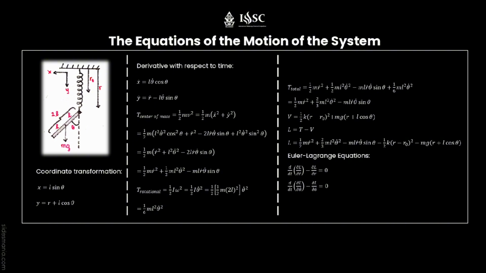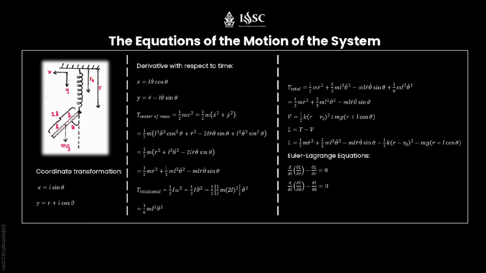And then the total equals 1/2 m r dot squared plus 1/2 ml squared theta dot squared minus ml r dot theta dot sin theta plus 1/6 ml squared theta dot squared.